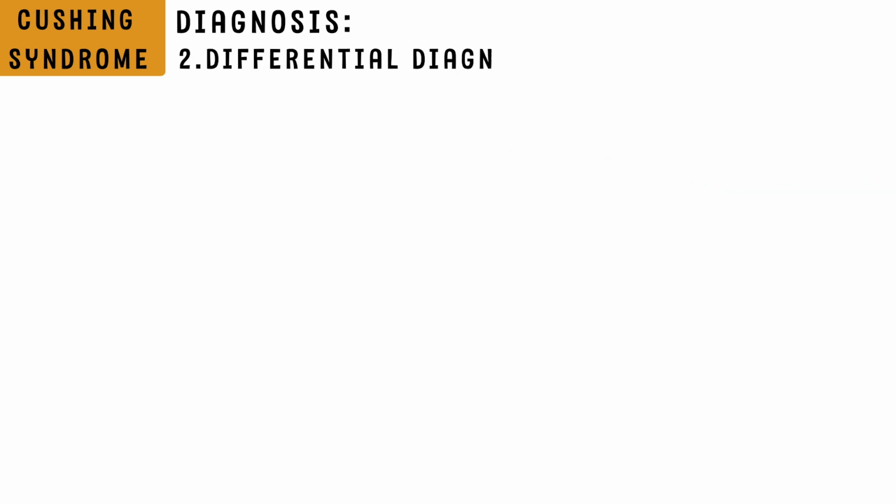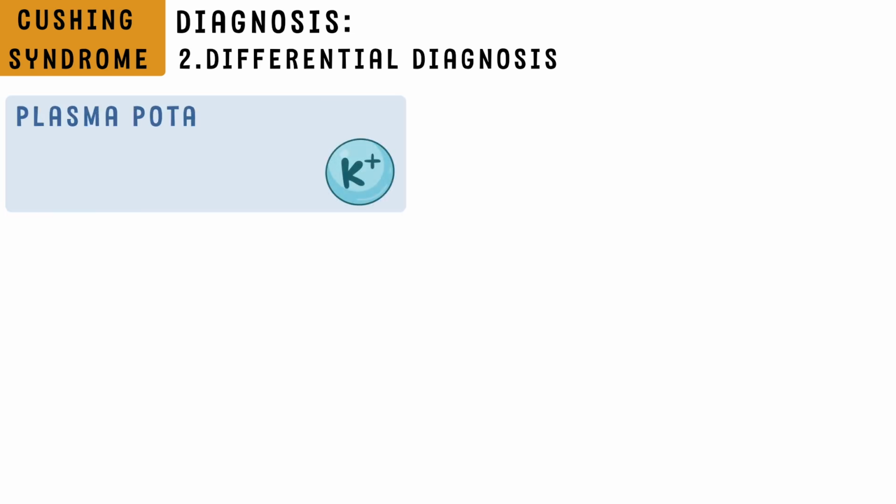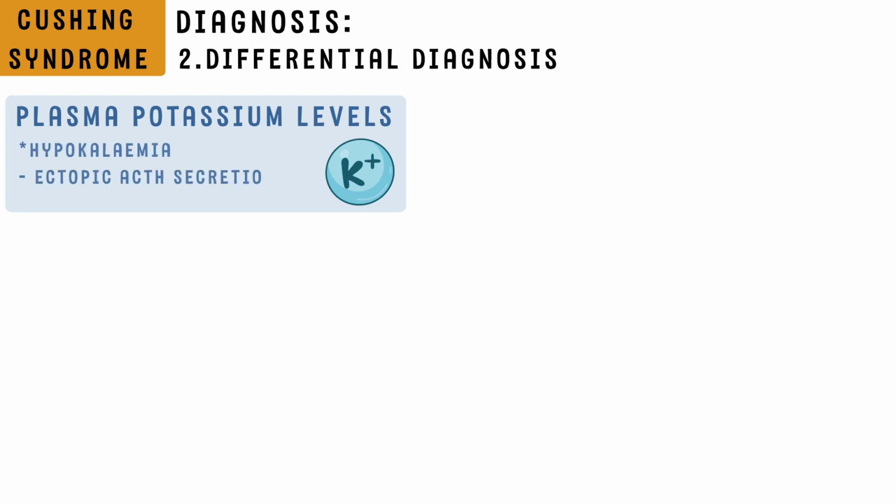Differential diagnosis can be extremely difficult, since all causes can result in clinically identical Cushing syndrome. Biochemical and radiological procedures for diagnosis include plasma potassium levels. Hypokalemia is common with ectopic ACTH secretion, and all diuretics must be stopped.